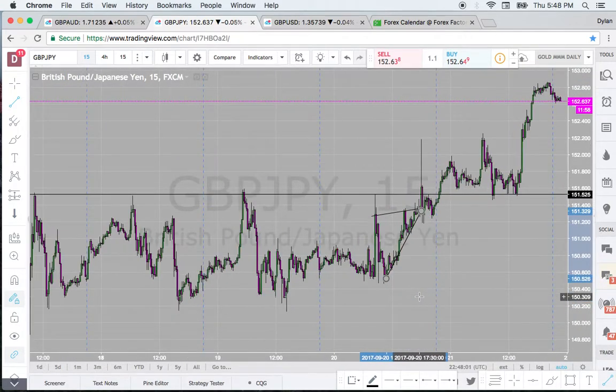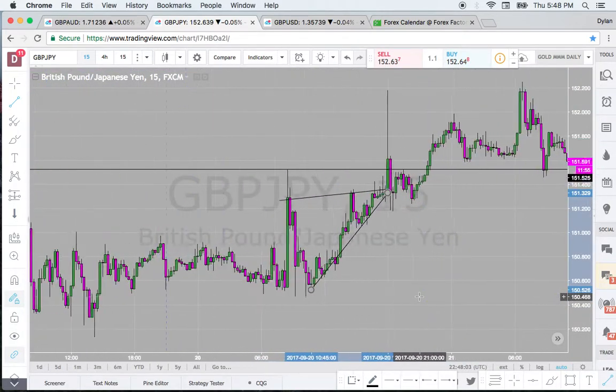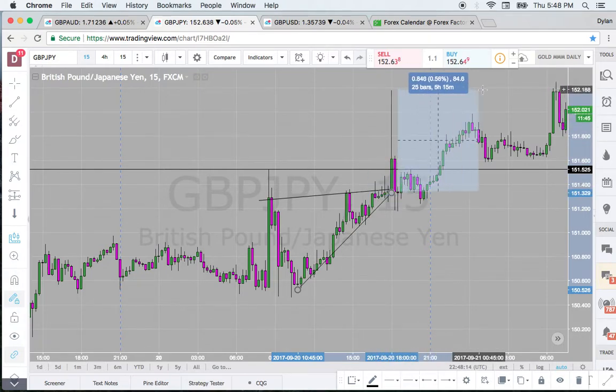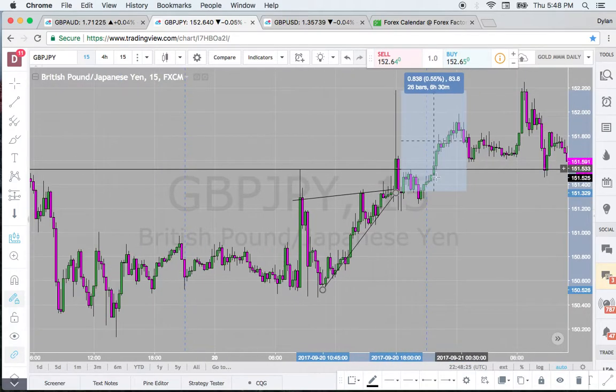Wedge formation, second leg, breakout. Very, very volatile, fierce breakout of this second leg. This was an 83 pip stop hunt. Well, actually an 83 pip spike to the high and then a continuation.